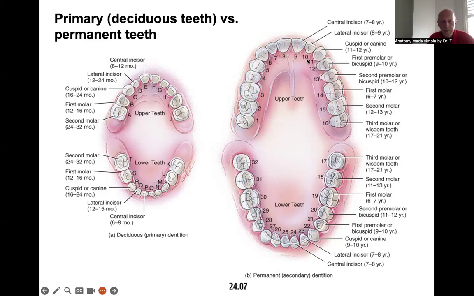As you can see on the left side of the screen, there are just 20 deciduous or milky teeth. If we start from a midline, first two are incisors, medial and lateral, then comes a little bit sharper, pointy cuspid or canine tooth, followed by two molars.